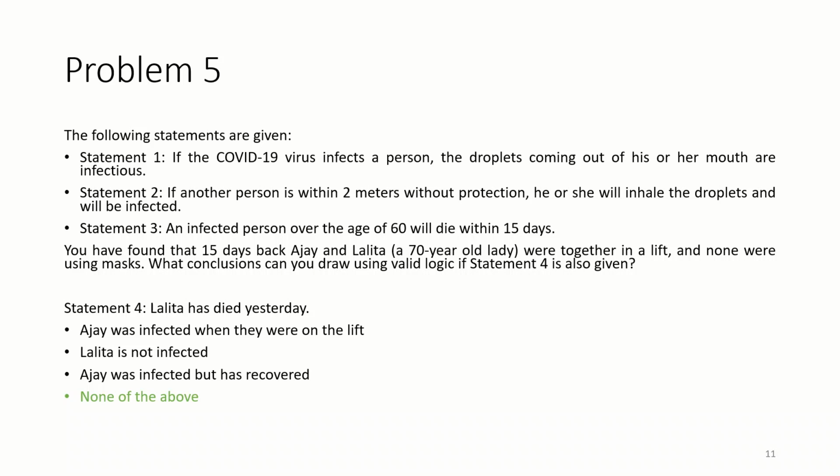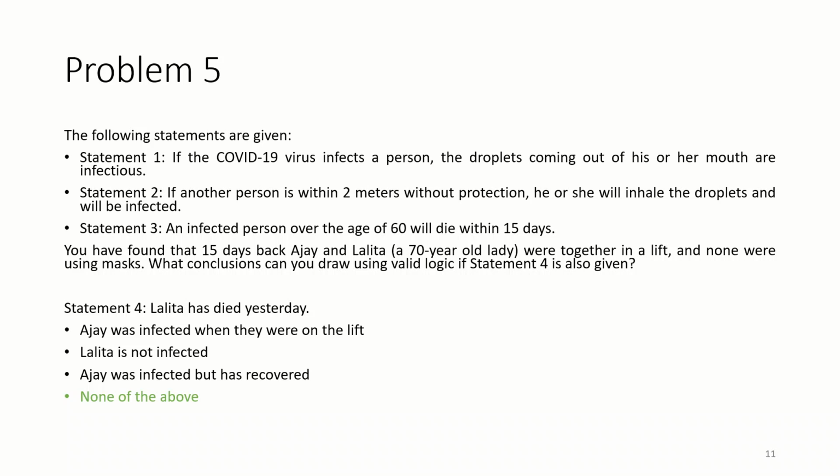In modus tollens, if B is not, then A is not. In the earlier problem 4, B was not there, then you can say that A was not. So he has not died because he was not infected.